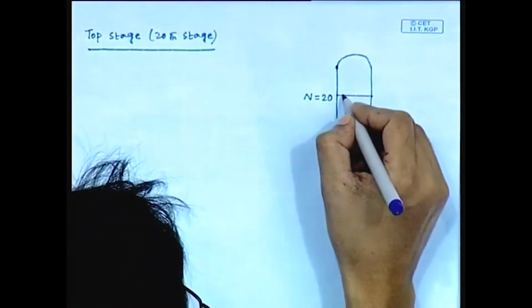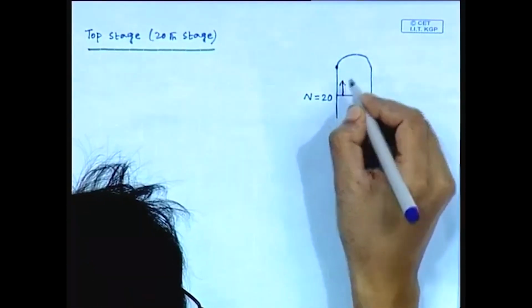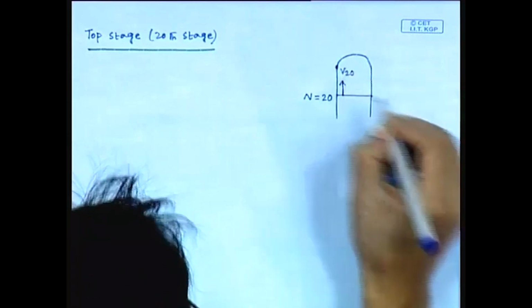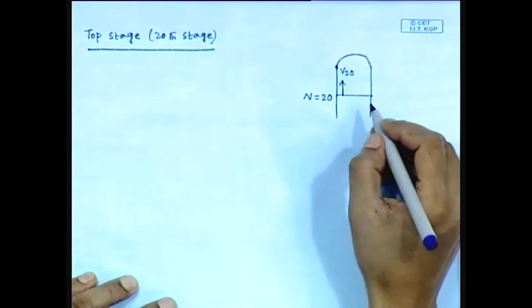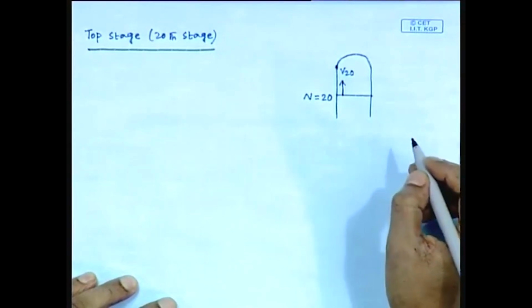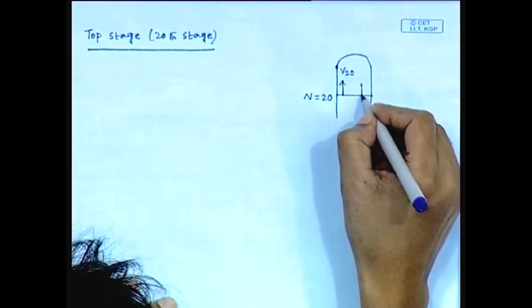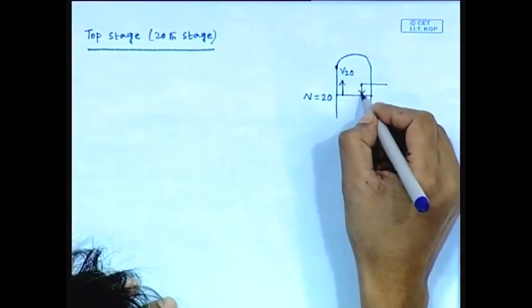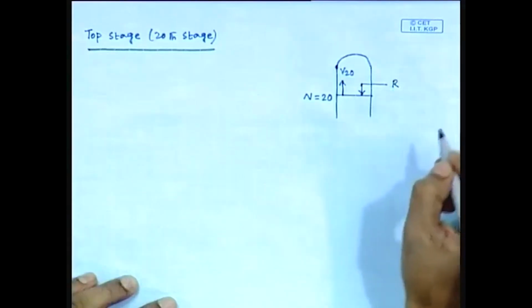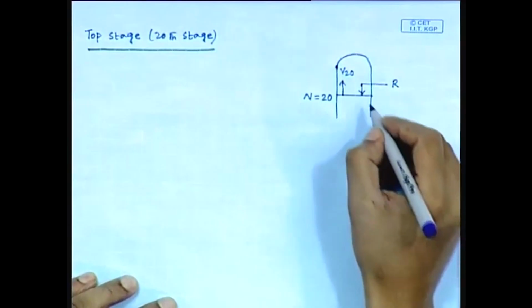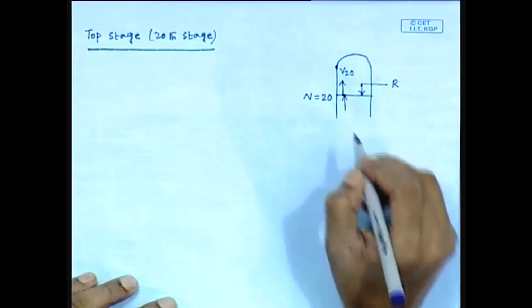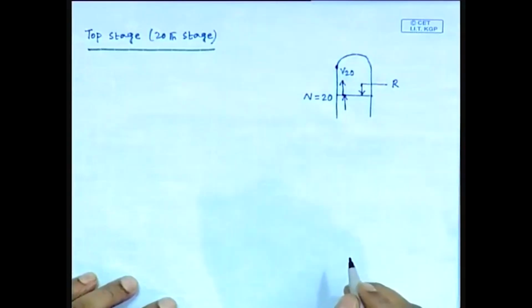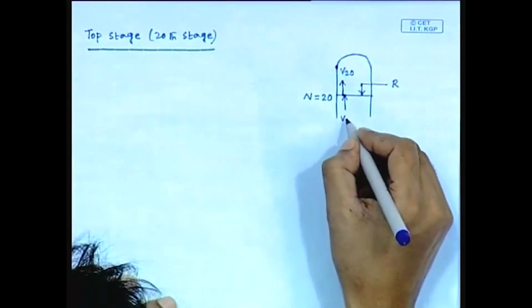Now, the vapor which is leaving this top stage is V20. What is the incoming stream to this stage? One is reflux R and another one is the vapor stream coming from the 19th stage, that means V19.